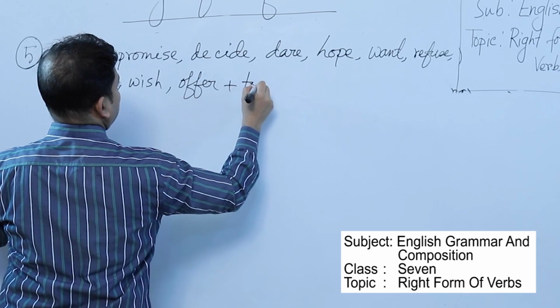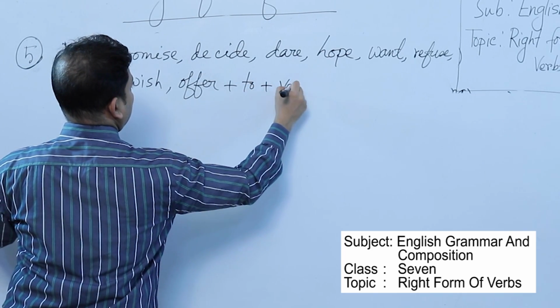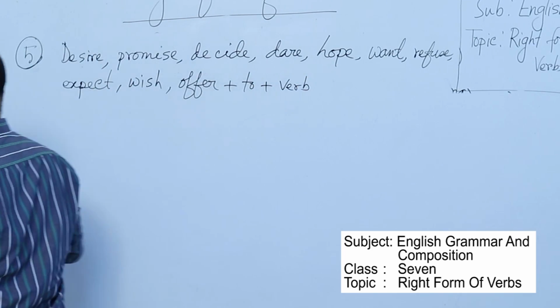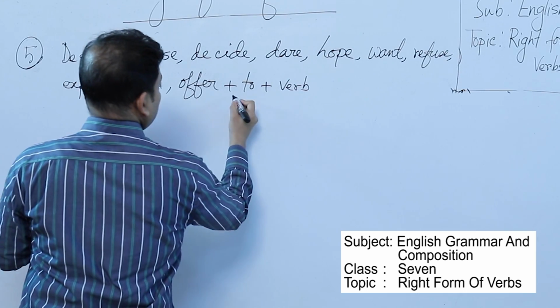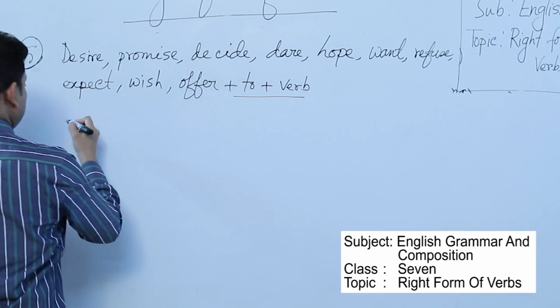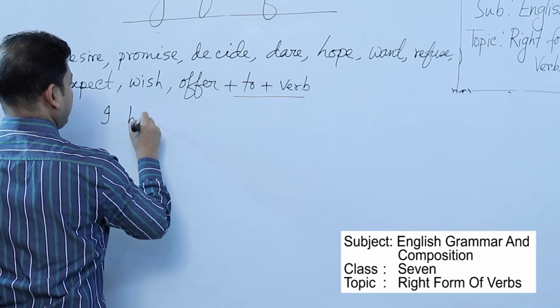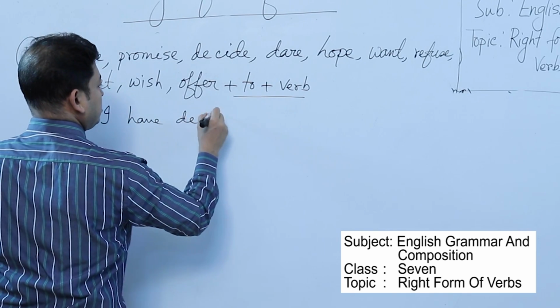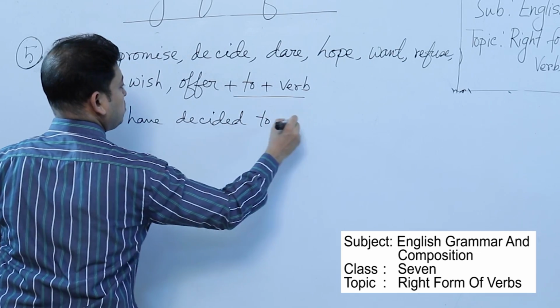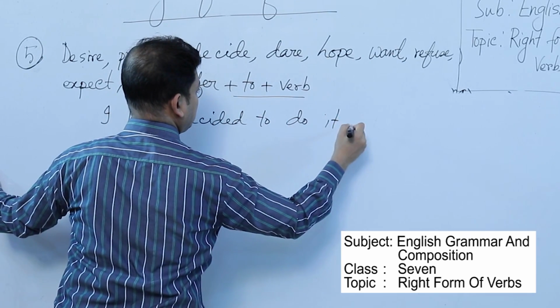There will be 2 plus verb. So example is, I have decided to do it.